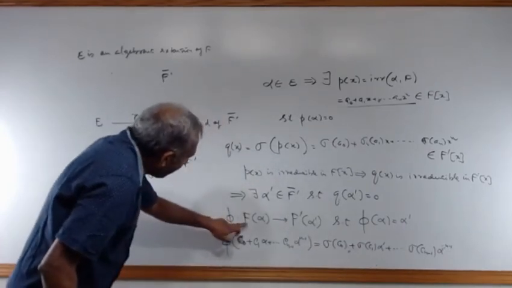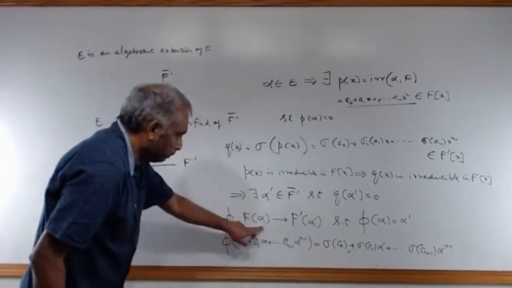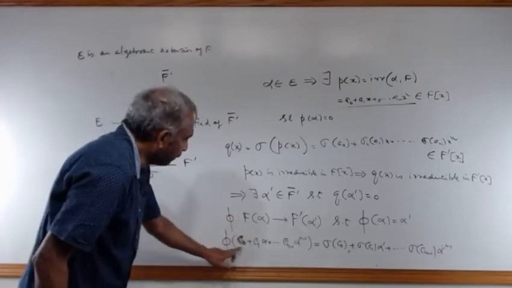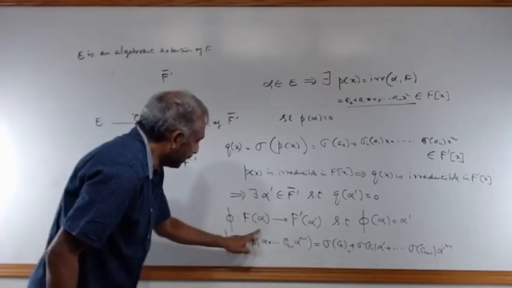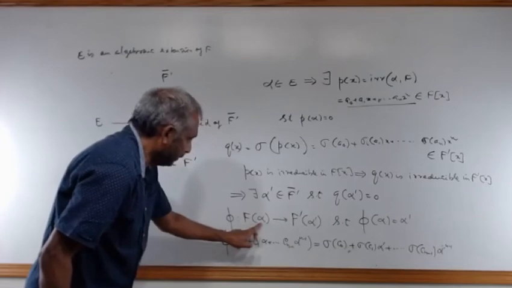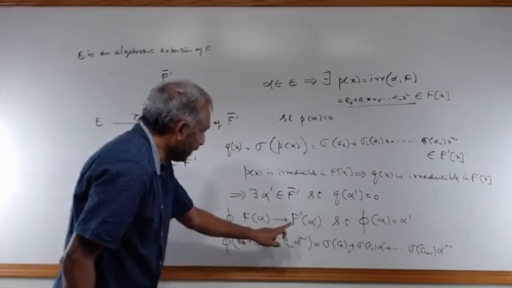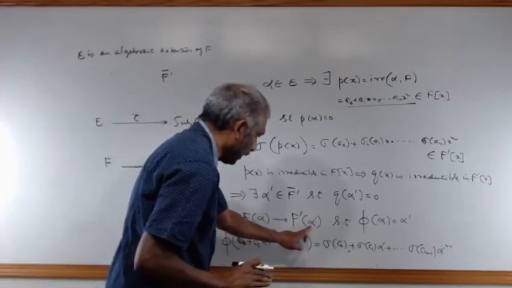Any element of F(alpha) is of this form because the degree of alpha is n and the degree of alpha prime is also n.